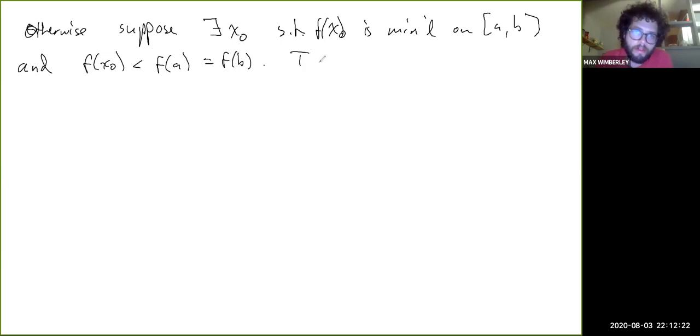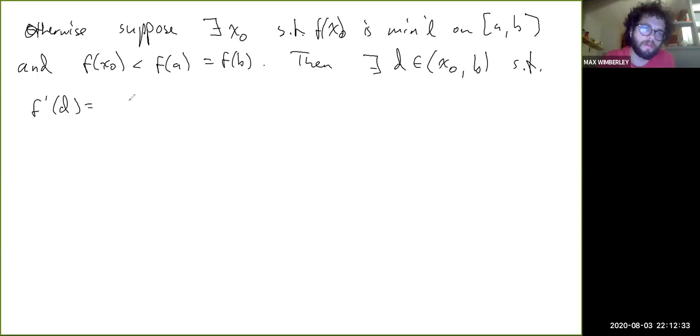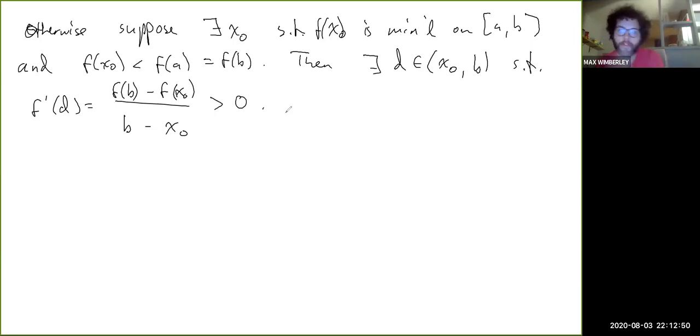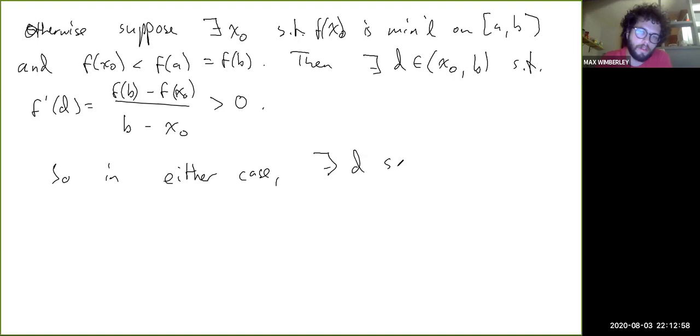Then there exists a d in (x naught, b) such that f prime of d equals f of b minus f of x naught over b minus x naught, which is greater than 0. So in either case, there exists a d such that f prime of d is greater than 0.